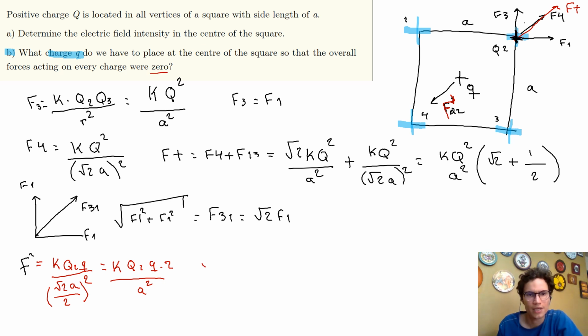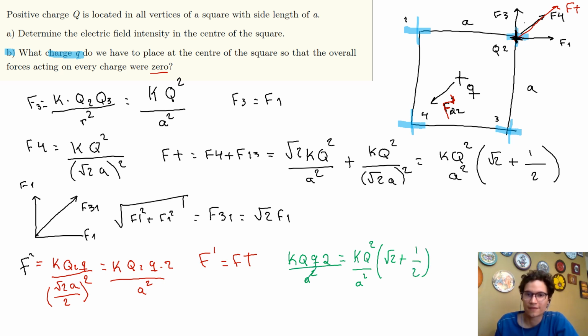So we must equalize this, F prime being equal to Ft. Let's do that. We got K q 2 over A squared is equal to K Q squared over A squared times square root of 2 plus 1/2.